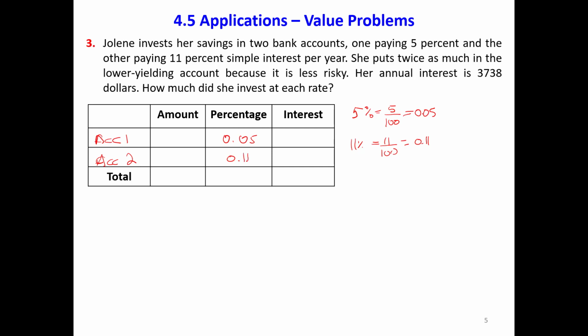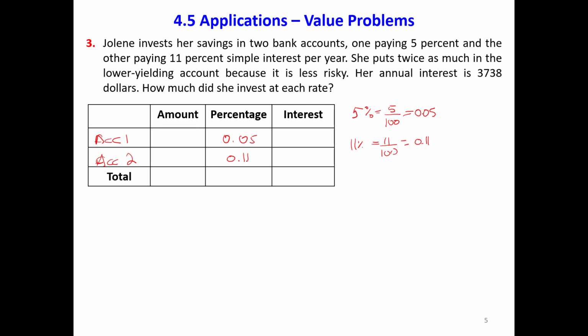And she puts twice as much in the lower yield account because it is less risk. Then this is one of the cases. Even if we have two variables, it's easier if we just write both accounts in terms of one variable.